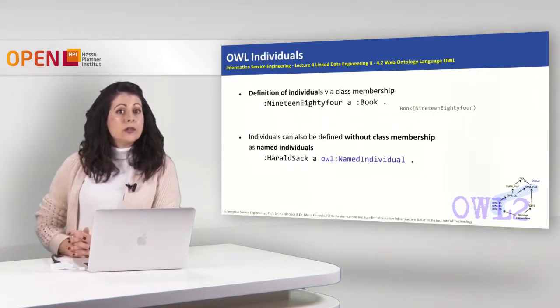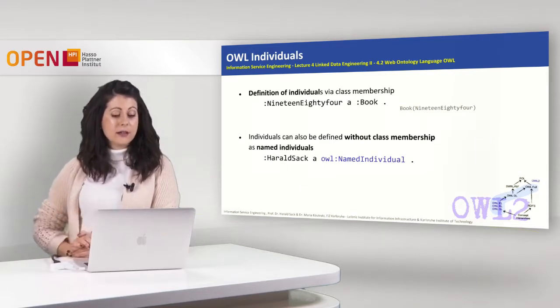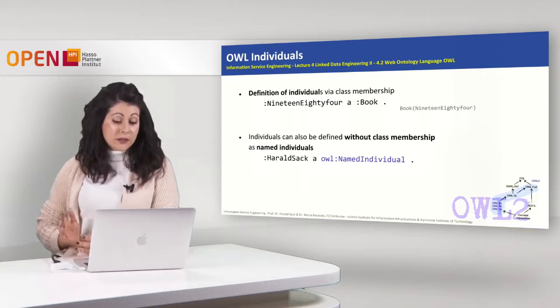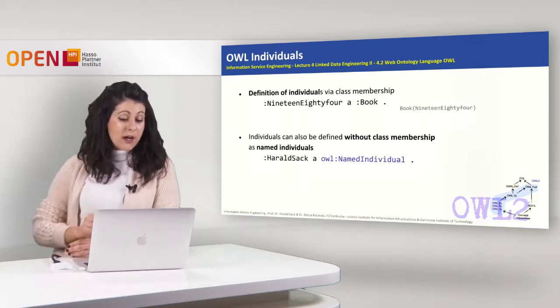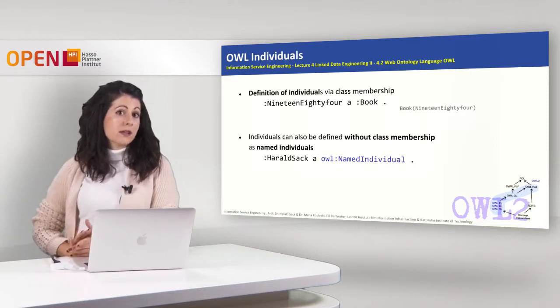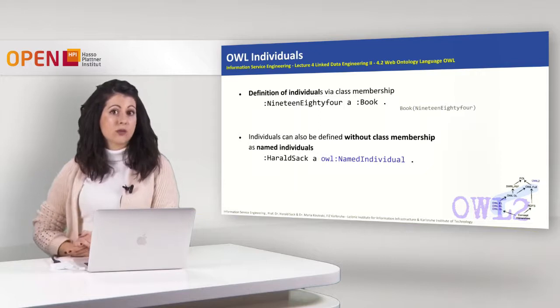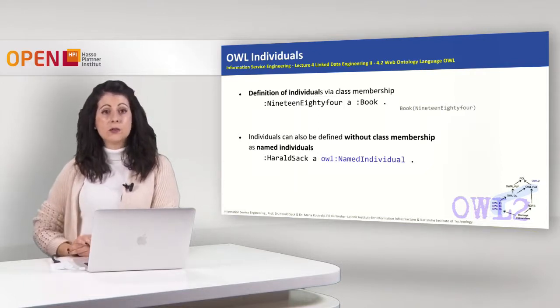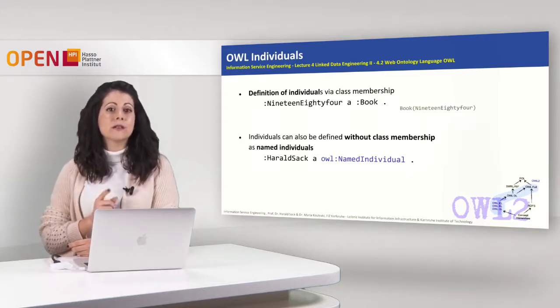And let's continue with the individuals. As we know from RDF, individuals are defined as being members of a class. And we have here a simple example which says that 1984 is a type of Book, as we defined it up to now in RDF. The difference here in OWL is that we can also define individuals that are not members of a certain class.